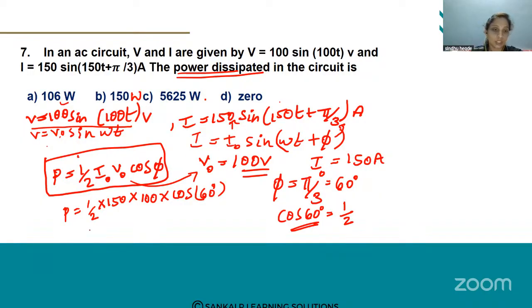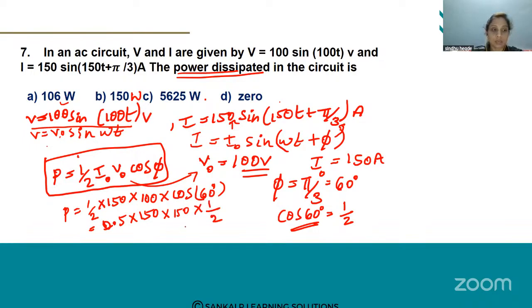So substitute here. 1 by 2 is nothing but 0.5 into 150 into 100 into cos 60, which is 1 by 2, right?